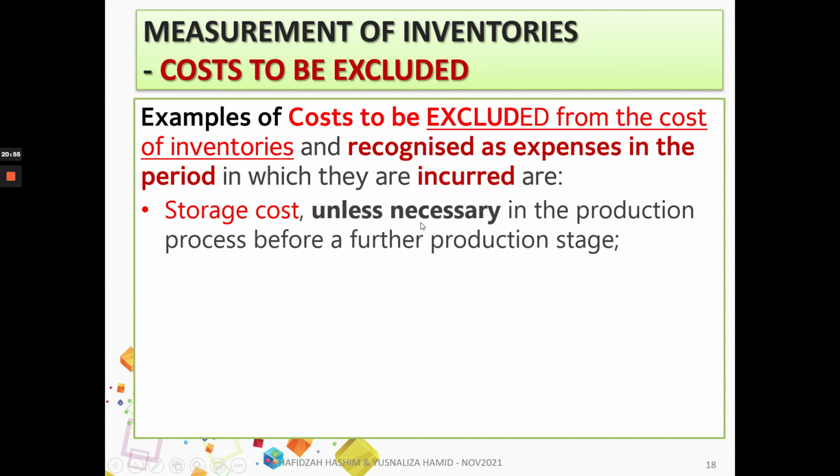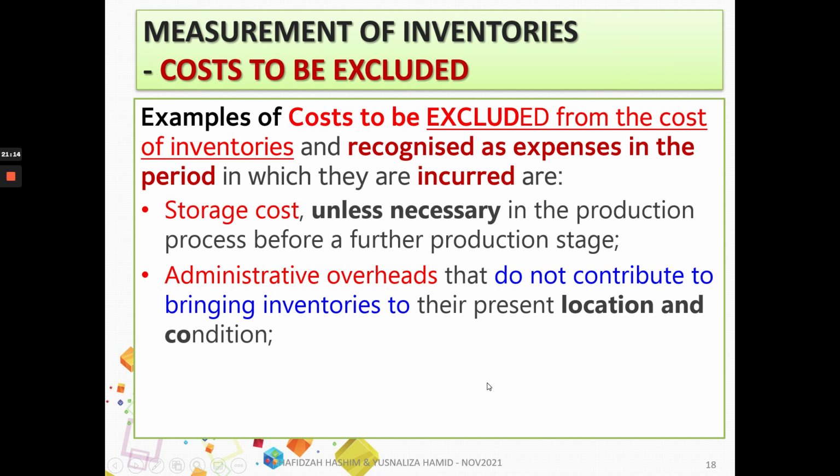However, if that is necessary in the production process before a further production stage, that can be included. If that is after the production stage or the production has been completed, that is not to be included as part of the cost of inventories. Admin overhead that does not contribute to bringing inventories to the present location and condition is also excluded.